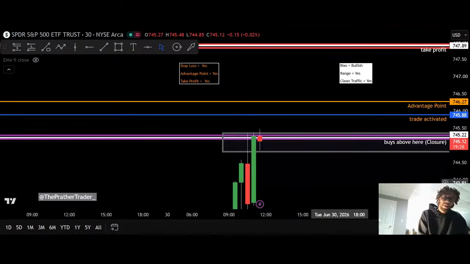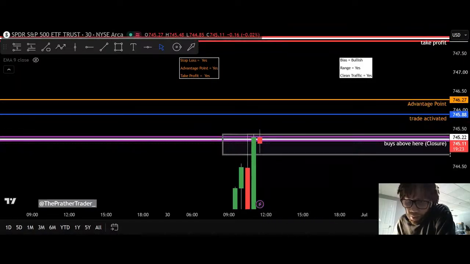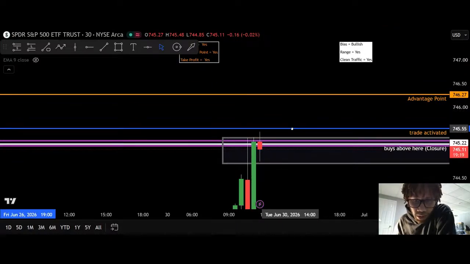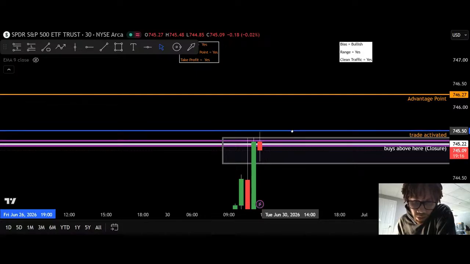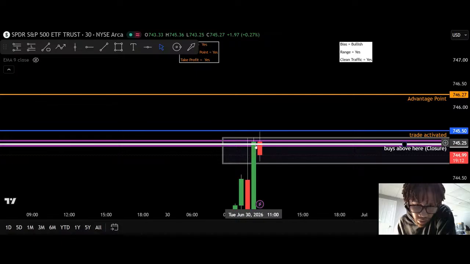Okay. We got a nice bottom wick here. I wonder if we break these highs, can we get a push up? Because again, we did get a nice close above.